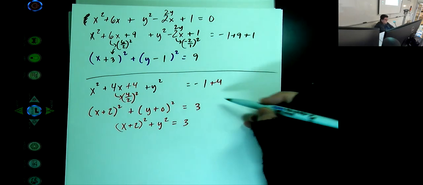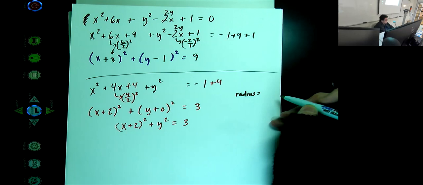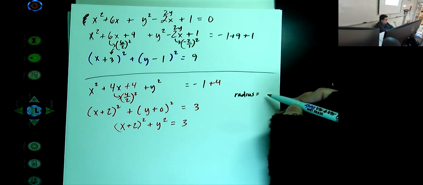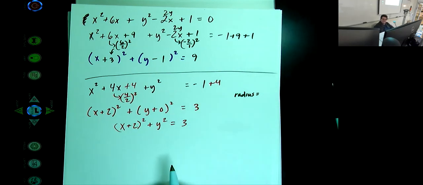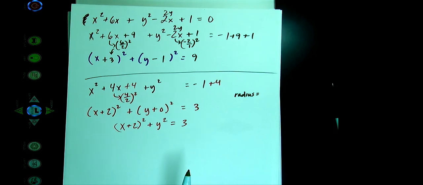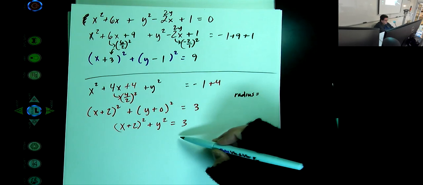So this one, the radius is what? It's not 3. Tricked you. Is it 1? No. You guys know what the radius is here? It's the square root of 3. Remember, this right side is r squared.